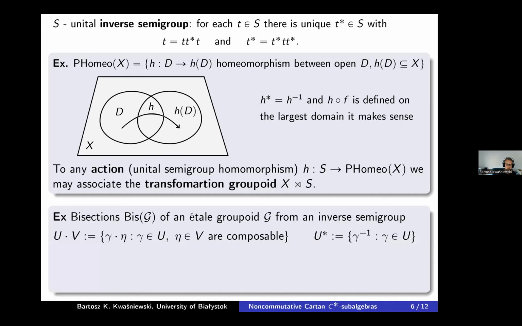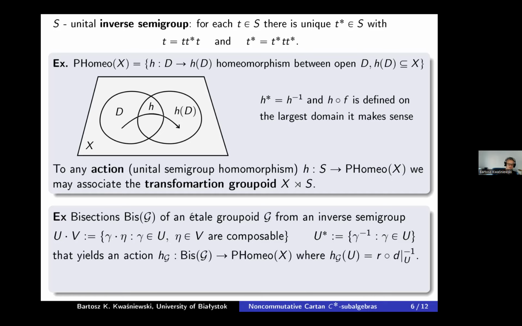So whenever we have an étale groupoid, then the set of bisections naturally forms an inverse semigroup. The product of two bisections you just define in this way. So we take these elements that are products of elements from U and V whenever the product makes sense. And the natural generalized inverse, this involution, is just given by the inverse of arrows.